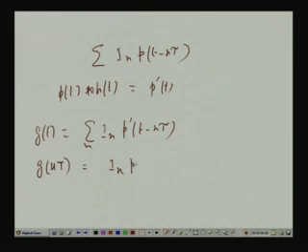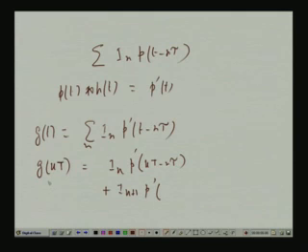I k p prime k t minus n tau plus, say, I k plus 1 p prime. Sorry, this would be k tau plus t.